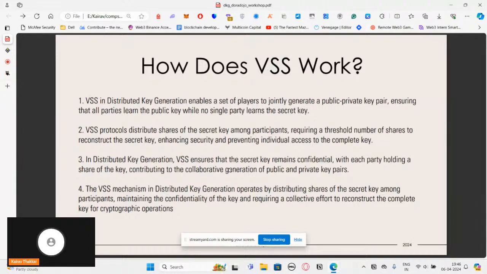And when we define a threshold, that this number of individuals, when they come together, can reconstruct the secret key, that enhances the security and prevents a single point of failure. And also, when we're defining the strength of the network, we can say that, okay, fine, you can corrupt 5 individuals and the network won't go down. But if you corrupt the 6th one, the network would go down. So 5 is the threshold, basically.